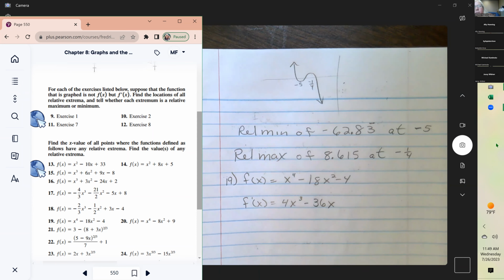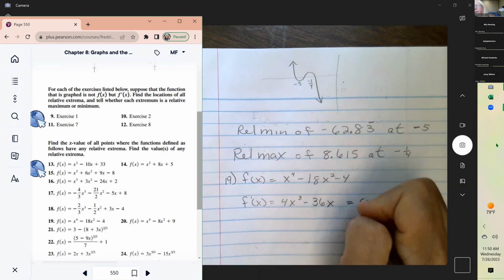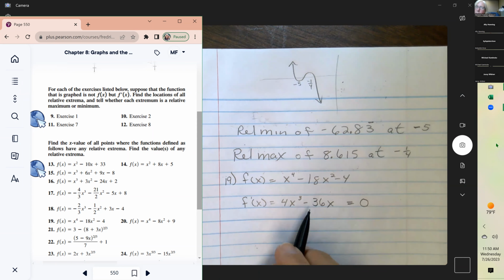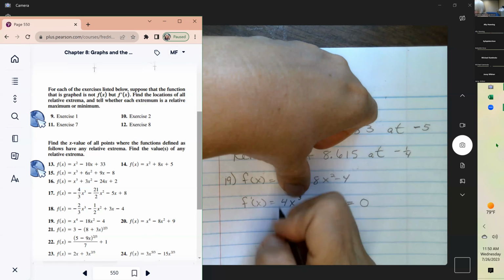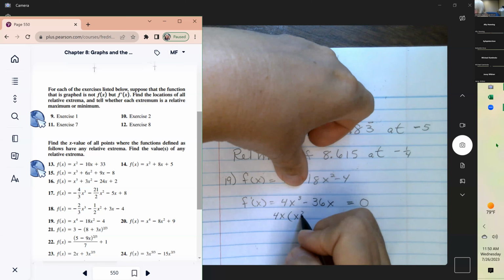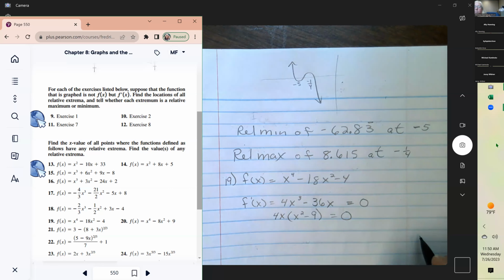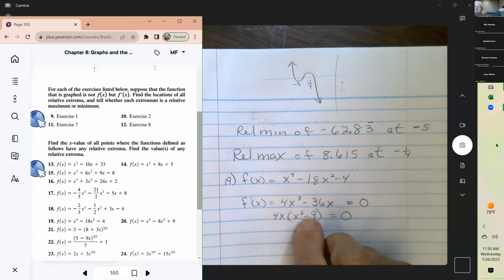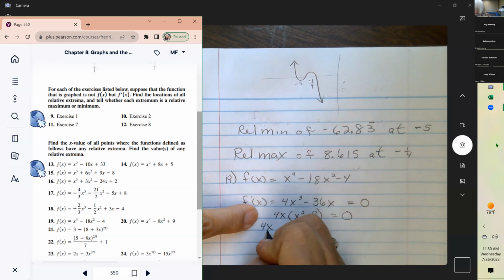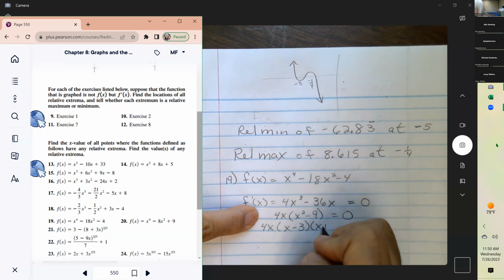Set it equal to 0 and solve. Cannot use the quadratic formula, that's a cube. But we can pull a 4x out, and then we're left with x squared minus 9. And this factors, or you can use the square root method, but it does factor, because it's the difference of squares.